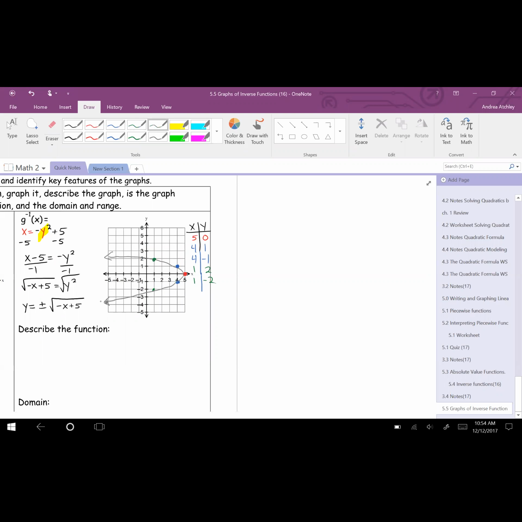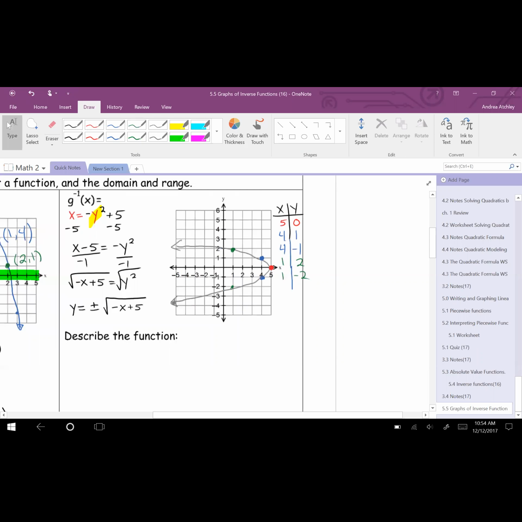Okay, so we talked about this on Friday. This is a sideways parabola. So my function to describe it is still a parabola. Okay, the vertex is 5, 0 now.